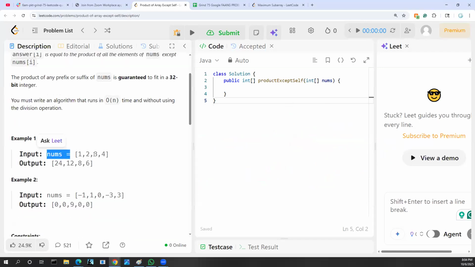So this is your nums array. You would want to create prefixes. This is your array nums. If your I is landing here, the number before that, all the numbers before that, and all the numbers after that, you can consider them as prefixes and suffixes.